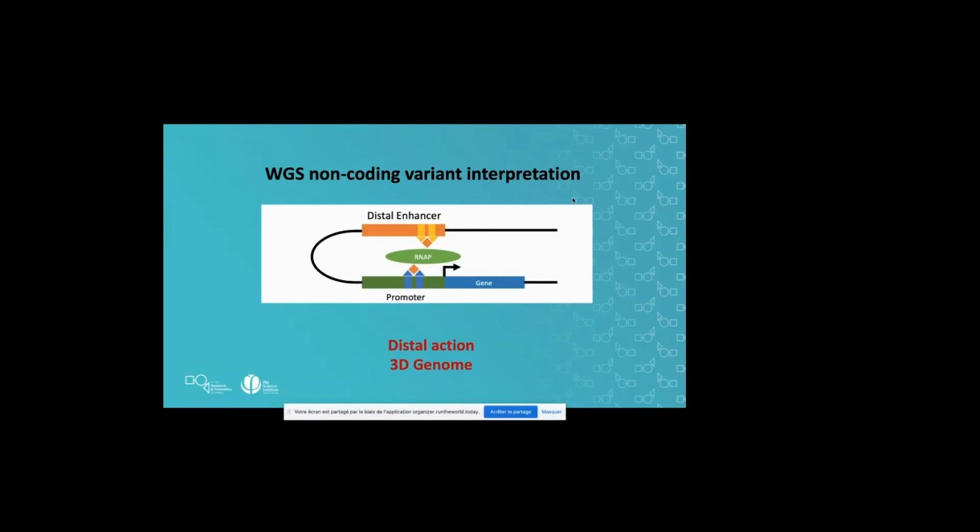So here I want to say that the genome has to be interpreted not as a linear sequence, but as a 3D structure to assess potential distal actions. And I would also like to add that we should not forget the part of epigenetics, as already shown in the presentation of my colleague Shamsuddin, and the impact of the environment on the variable expressivity between individuals.